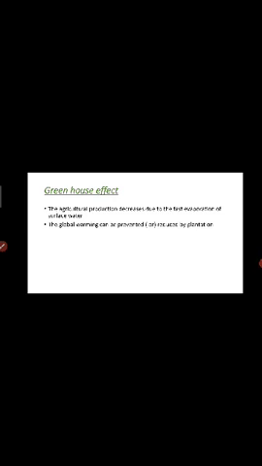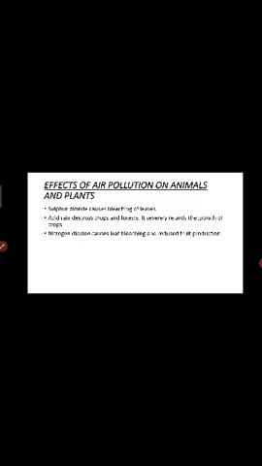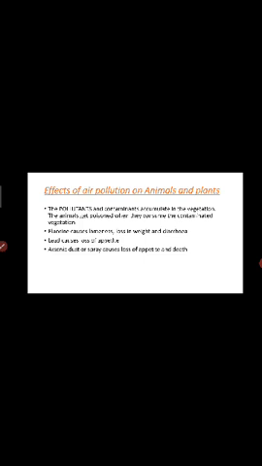In this session we have to learn about the effects of air pollution on animals and plants. How do animals suffer from air pollution? How do we lose plantation? How does vegetation get poisoned?